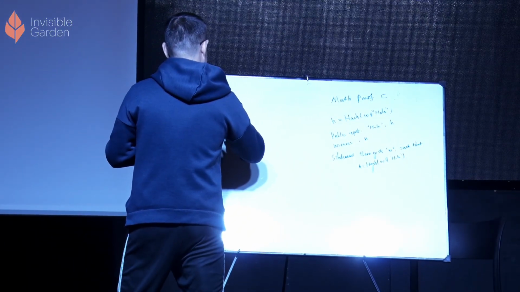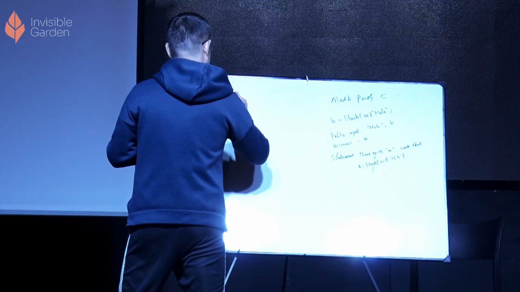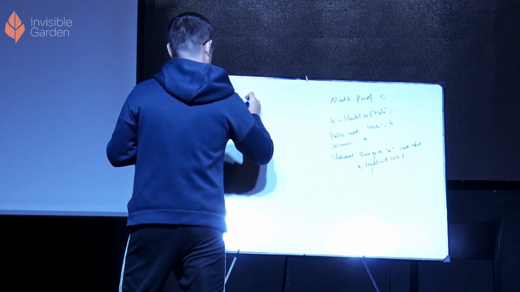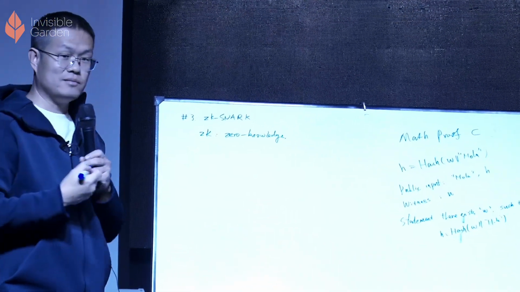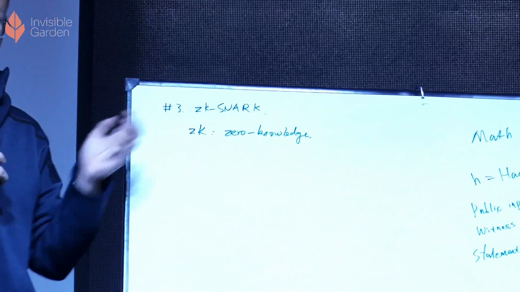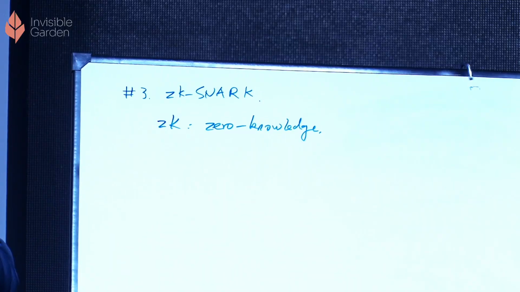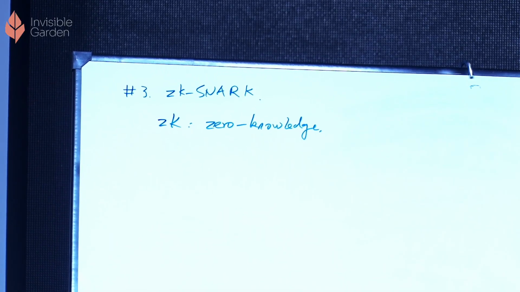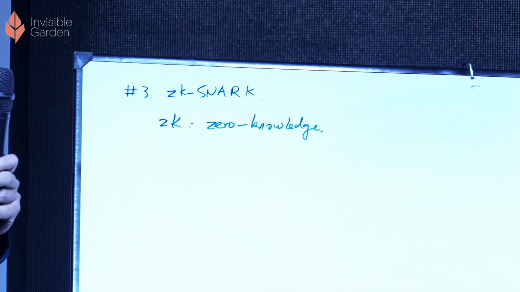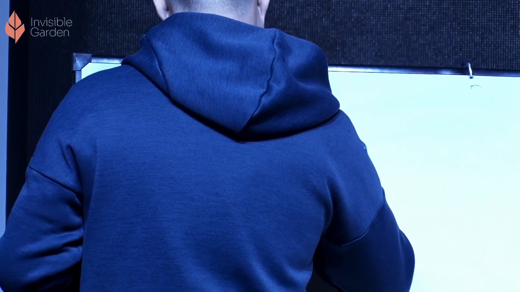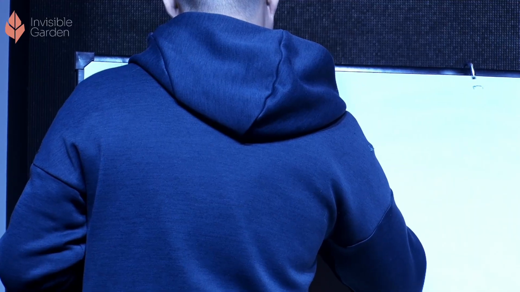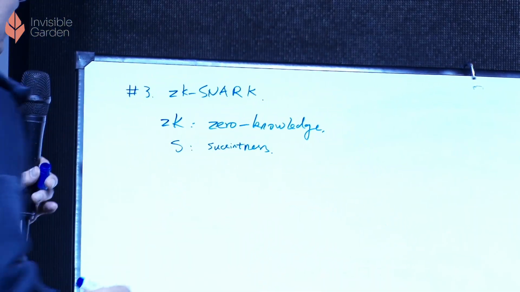ZK means zero knowledge. First of all, ZK-SNARK is a subset of ZKP. It's a kind of zero knowledge proof, but it has some features. So ZK is zero knowledge, and S is succinctness.